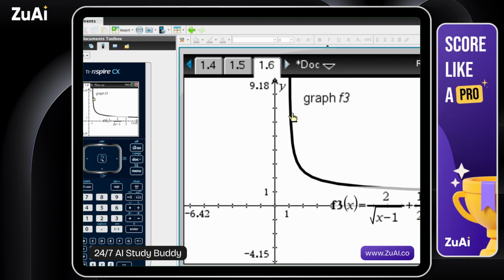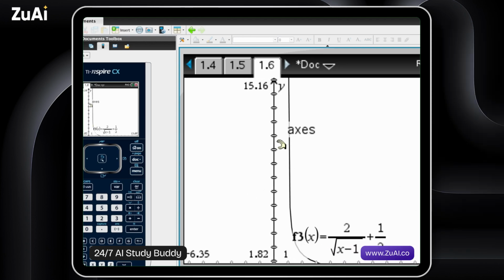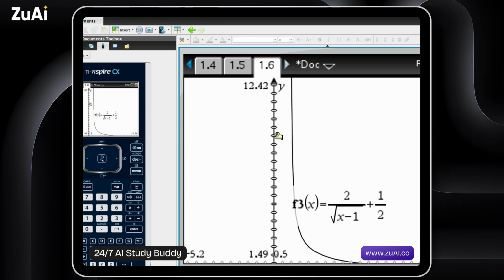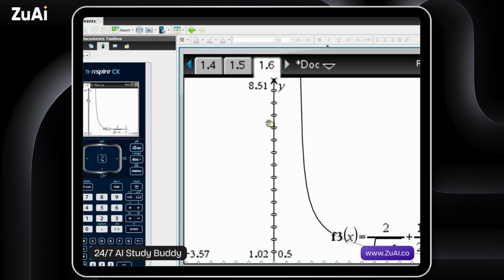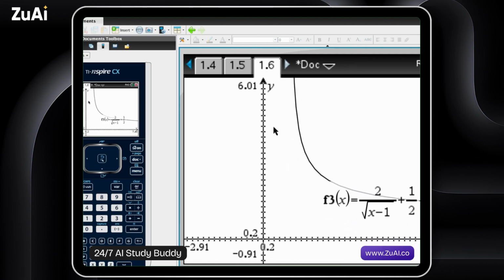So we're looking for the set of outputs that we could feasibly put into our inverse. And it looks like we can't put any negative values because those don't have an output. We can't say, okay, what was the input? But it looks like we do have certain values that go all the way up to infinity. So any value up to infinity could potentially be an output of this original function, or an input for our inverse.